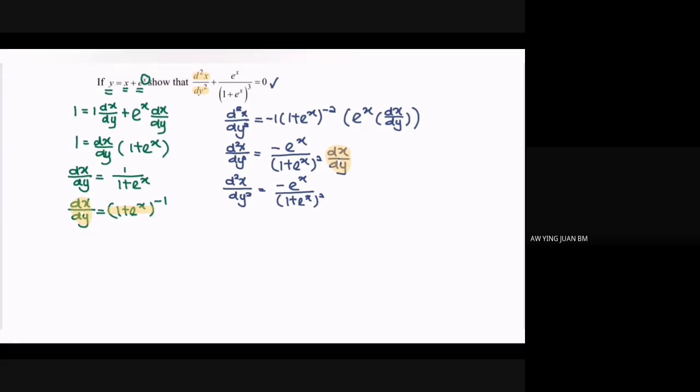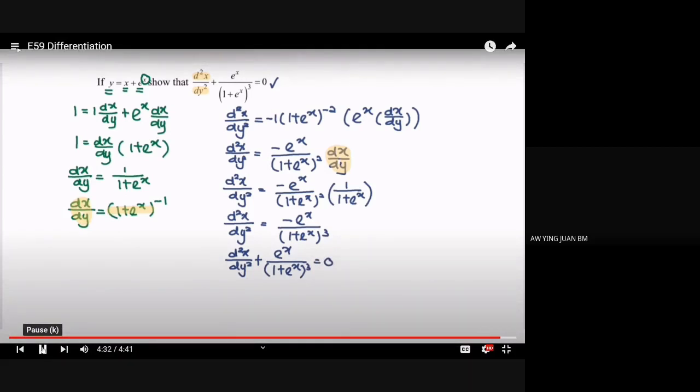So if we substitute and multiply, we have the second derivative equals negative e^x over (1 plus e^x) to the power of 3. Rearranging, the second derivative plus e^x over (1 plus e^x) cubed equals 0. So now we have shown the result.